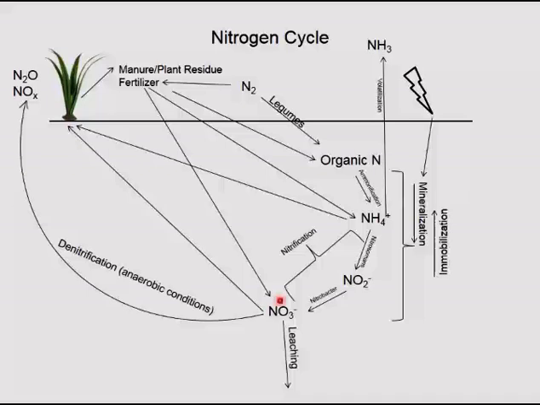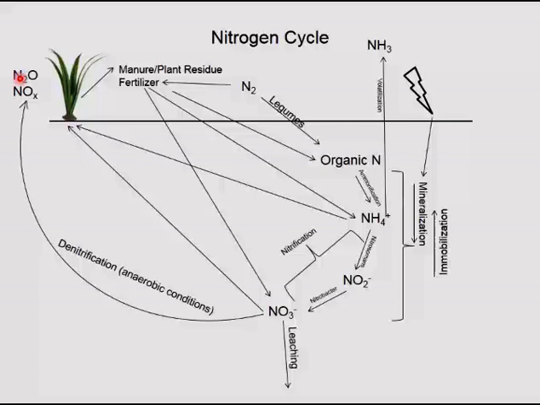Nitrate has some paths for loss too. It can leach. It can immobilize, meaning it can be taken up by a plant, converted to organic nitrogen, and fall back into this organic N pool. Or in anaerobic conditions, it can denitrify, okay?